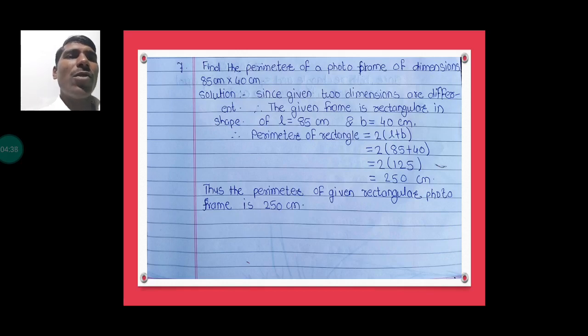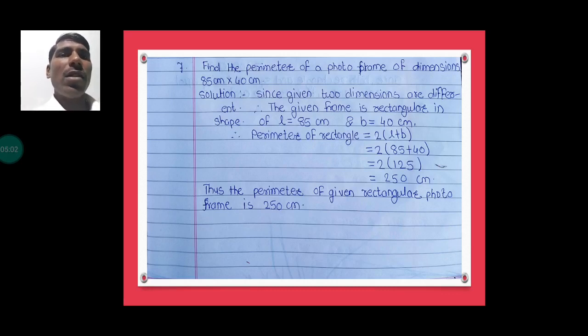So the final perimeter of the given rectangular photo frame is nothing but 250 centimeter. Thus the perimeter of the given rectangular photo frame is 250 centimeter. I hope that you have understood this example number 7.